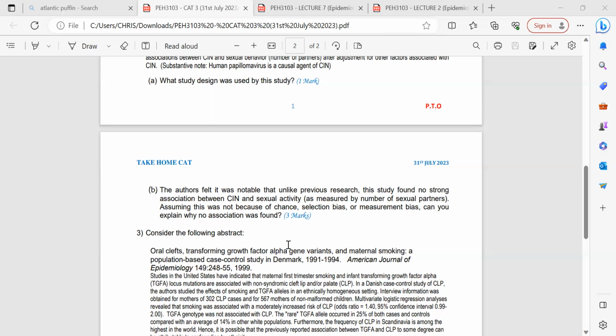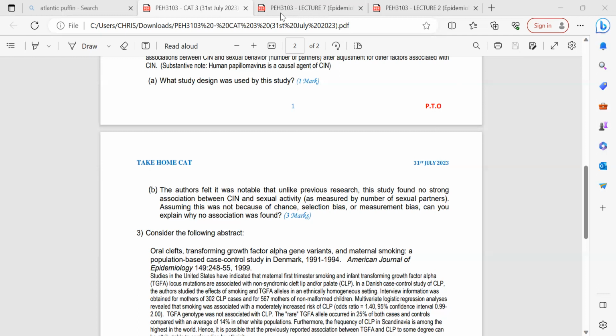Can we talk about recall bias? Because maybe someone can forget. Can someone forget the number of sexual partners they have had? I'm told people can forget how many, and especially I will forget.